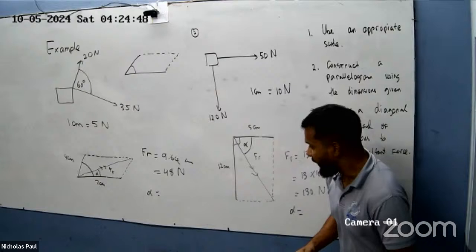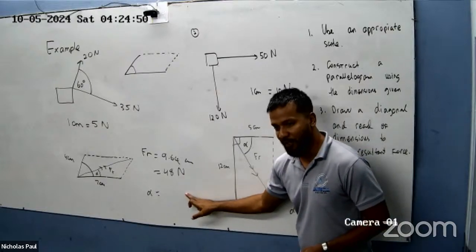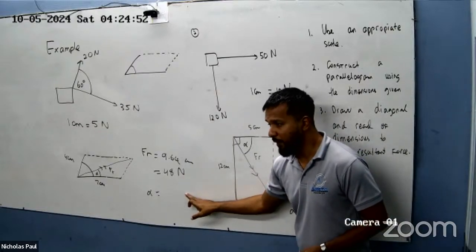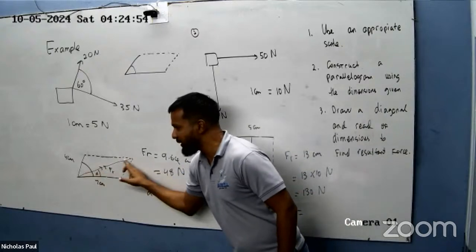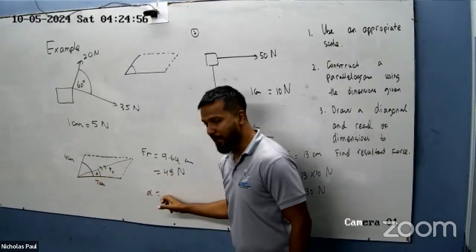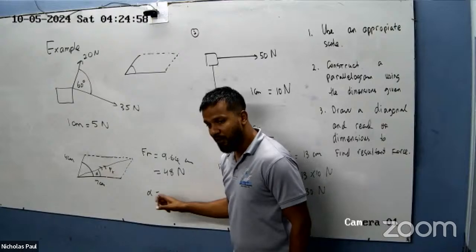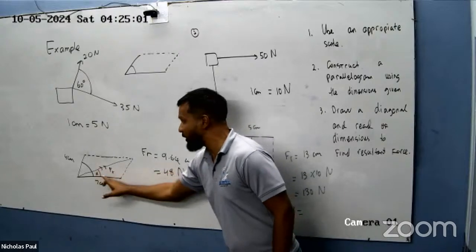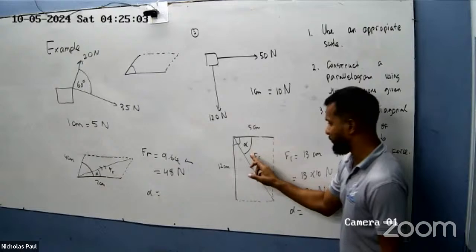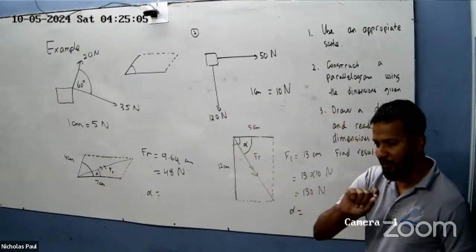So you're giving them the magnitude of this line and the direction by giving them the angle. So take a protractor and measure all these angles here, and just include that with your answer.